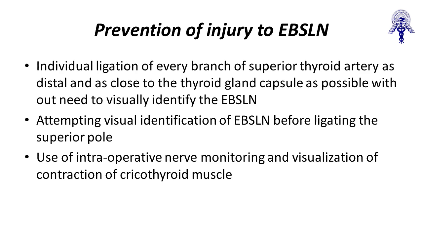And it has another great advantage, that it also preserves the posterior branch of the superior thyroid artery, which supplies the superior parathyroid. So this is very important, and attempting to visualize it, use of intraoperative nerve monitoring and visualization of contraction of the cricothyroid muscle are theoretical points for your theory answer if needed.